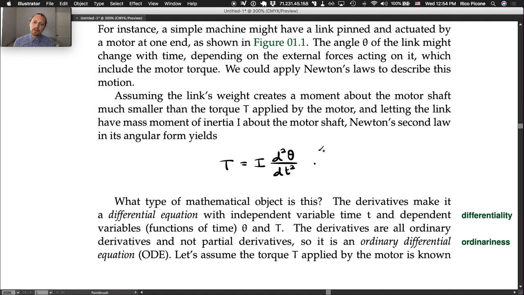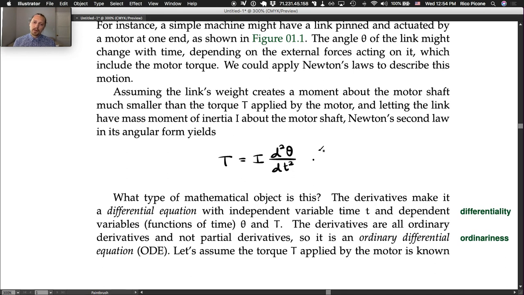The derivatives are all ordinary derivatives and not partial derivatives. So it is an ordinary differential equation, or ODE, instead of a partial differential equation, or PDE.